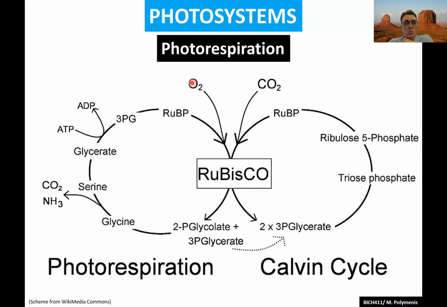So oxygen is consumed, but you have no fixing of carbon at that point. So you generate 2-phosphoglycolate and one molecule of 3-phosphoglycerate, which then goes on to become glycine, and from there on to serine, then glycerate, and then it turns back into RuBP, and you can keep going like this. You have then this photorespiration cycle. So when that happens, you don't get any net carbon fixation.